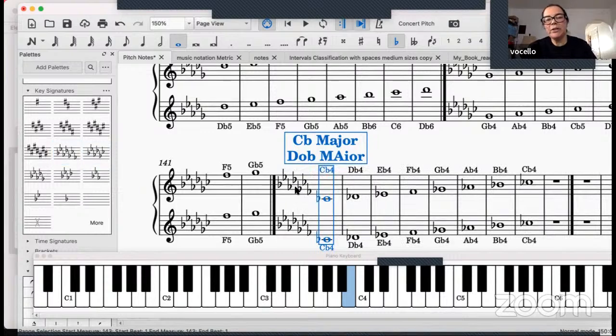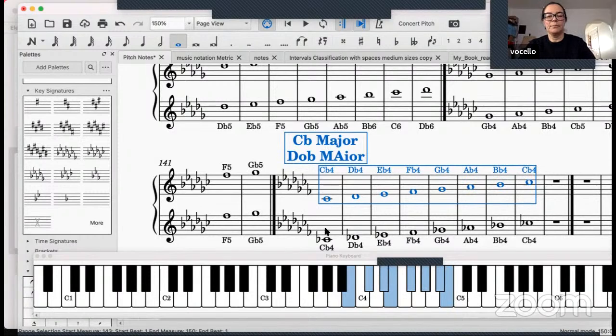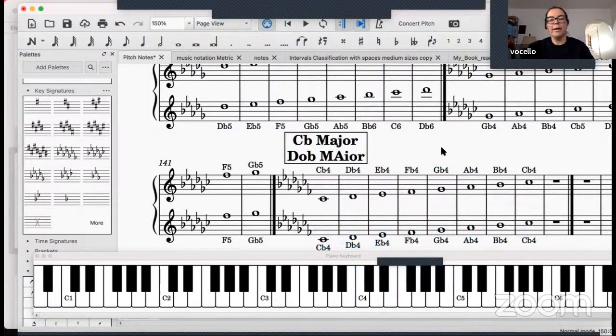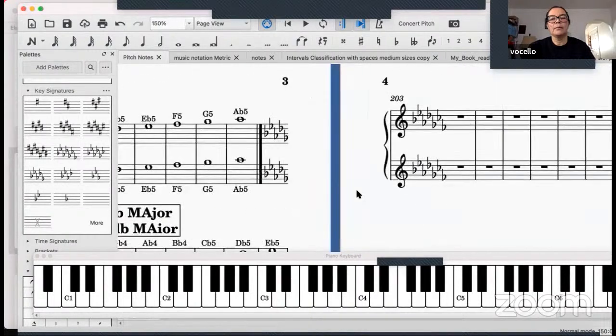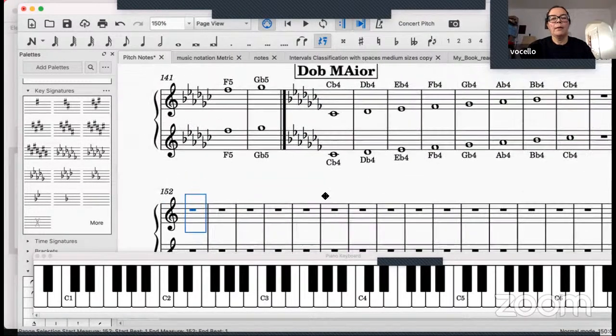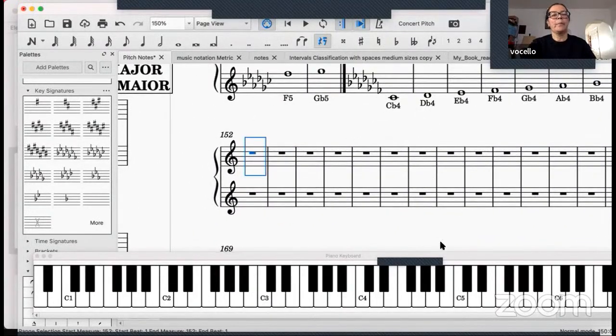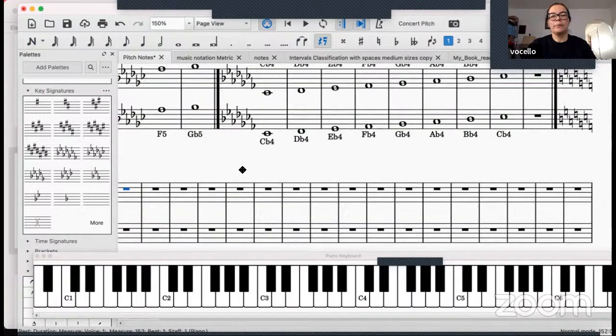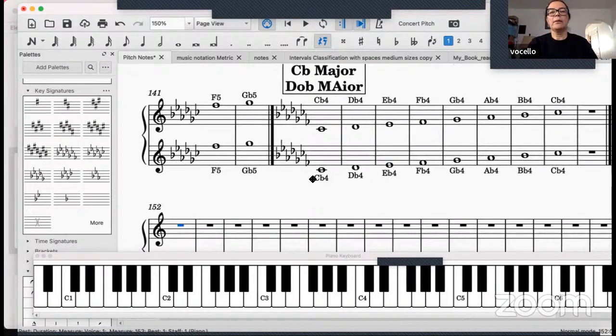B, E, A, D, G, C, F, all those flats. And I do not need to have the accidentals. Okay? Sounds good until here?